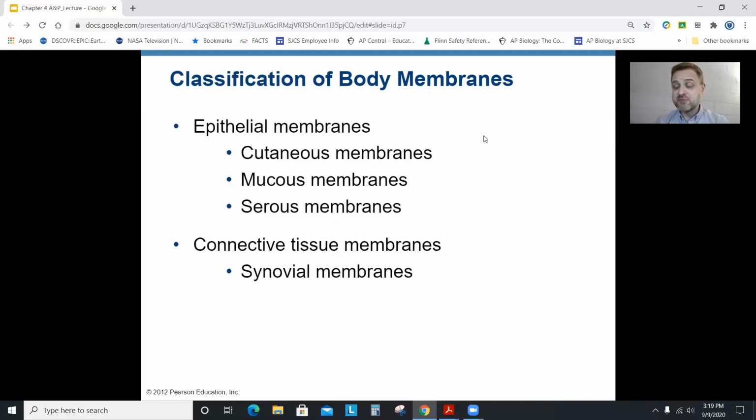There's cutaneous membranes, which is your skin. There are mucous membranes, like what line your nose or your mouth. There are serous membranes. The second type are called connective tissue membranes, and the only example that we're going to go through are called synovial membranes. So under epithelial, there's cutaneous, mucous, and serous. Under connective, there is synovial.